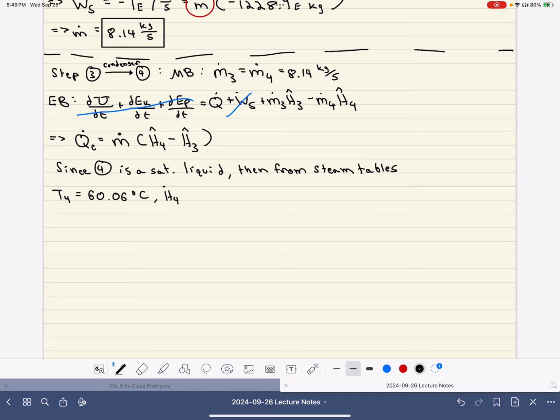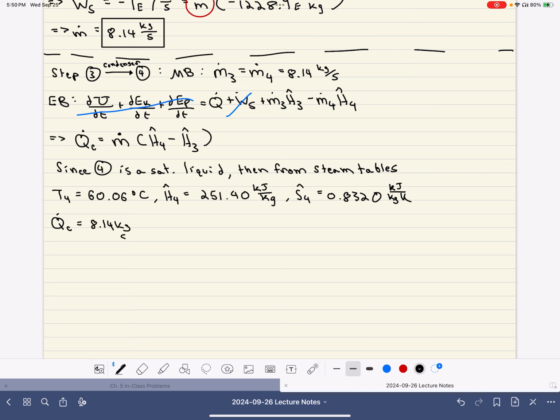And now, because it's a pure saturated liquid, we know that the enthalpy is just going to be equal to the saturated liquid value. And the same thing with the entropy as well, in kilojoules per kilogram Kelvin.